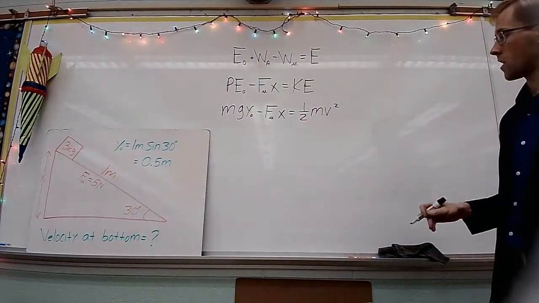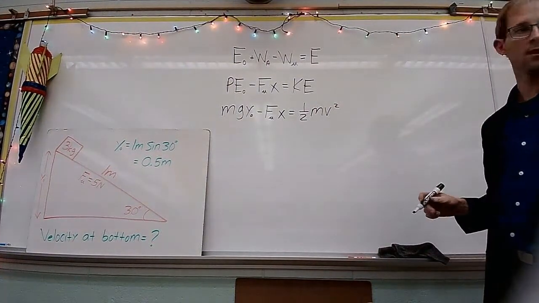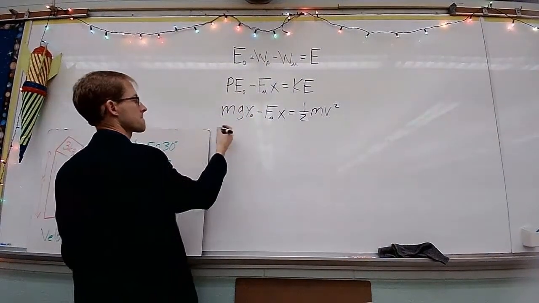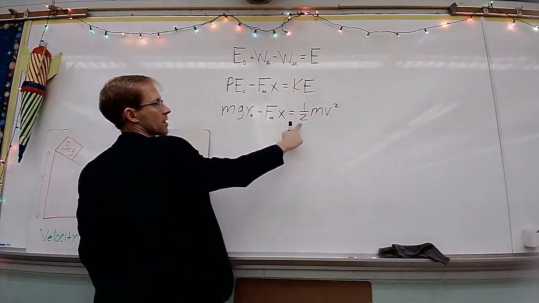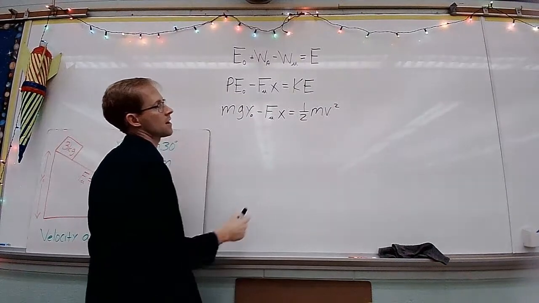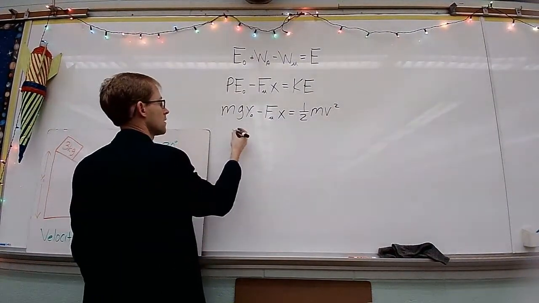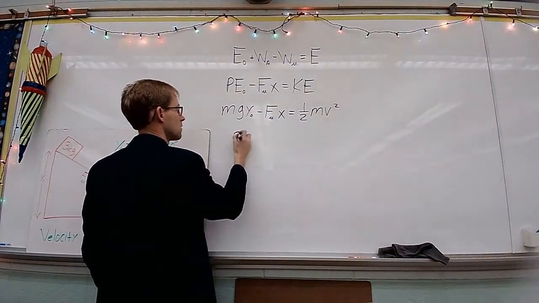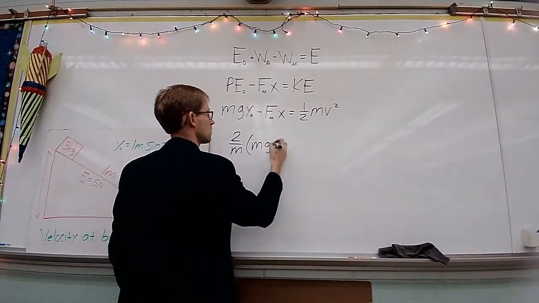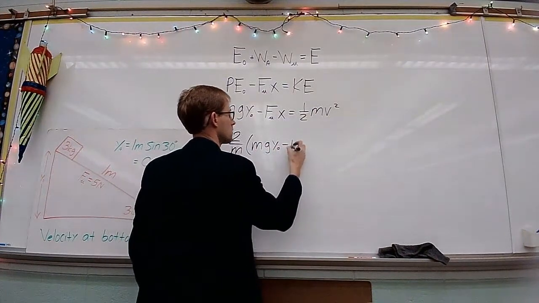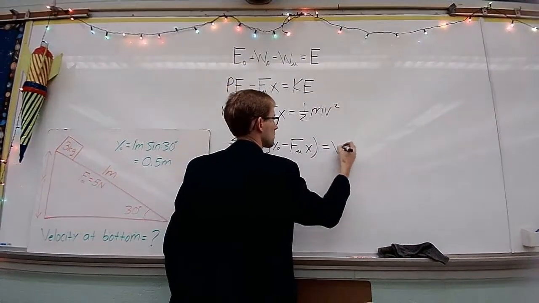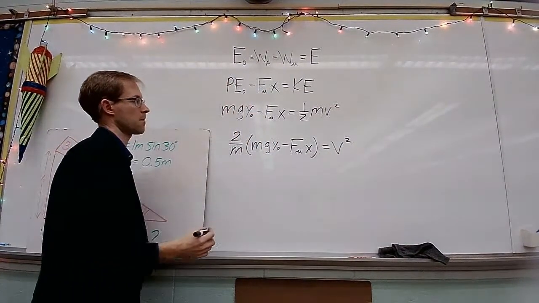If I want to solve for velocity, I'm just going to try and isolate it in this equation. I'm going to multiply both sides by 2 to get rid of this 1/2, and I'm going to divide both sides by m to get rid of that. So this is just going to turn into that.